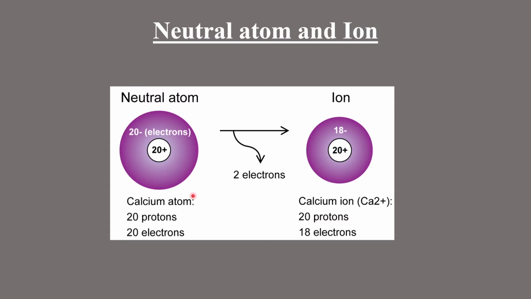During a chemical reaction, this calcium that was initially neutral lost 2 electrons, and the resulting atom does not have an equal number of protons and electrons. Here we have positive 20 for protons and negative 18 for electrons, so this gives it a net charge of positive 2.